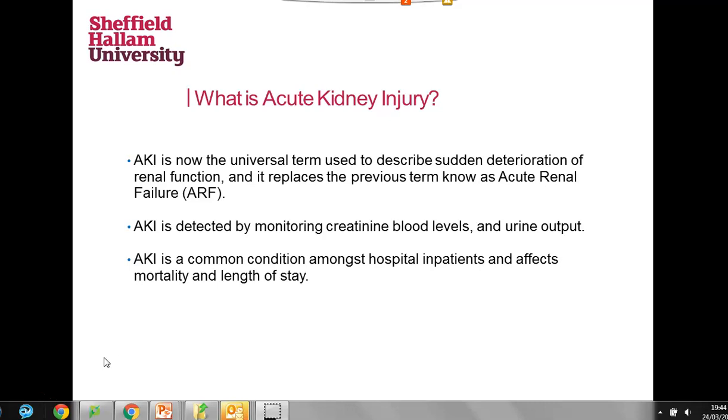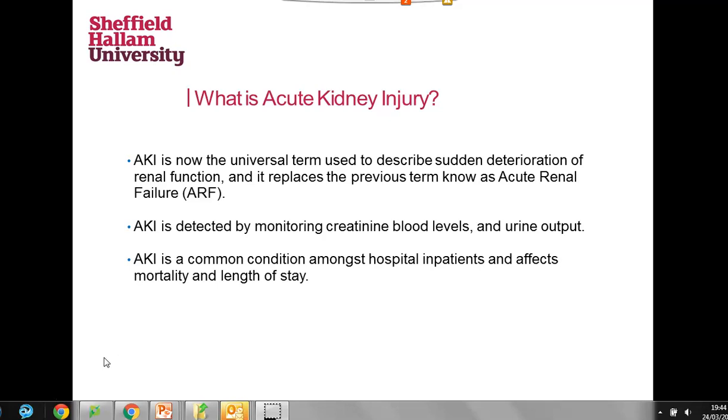And although it's got the word acute there, suggesting it's sudden, it doesn't really suggest there's anything we could do to prevent it. So, the term acute kidney injury is designed to grab attention, and it's designed to make us realise, as healthcare professionals, that we can do something about this, that it is avoidable and it is preventable. So that is the first thing.